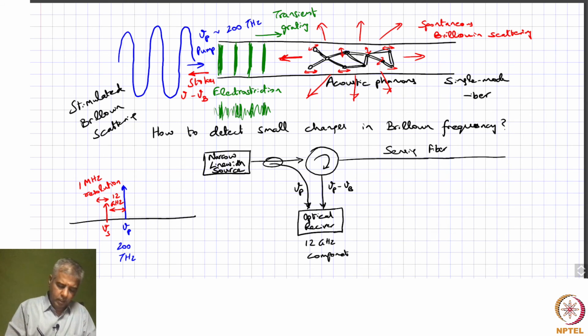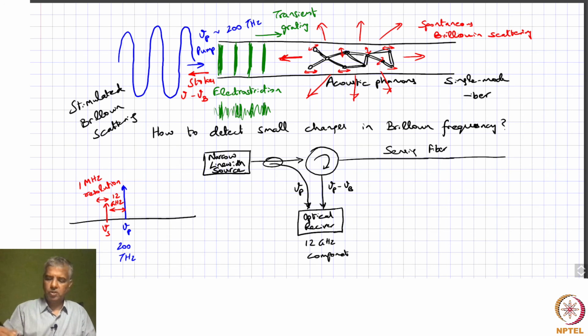So, the typical threshold power level for a single mode silica fiber is on the order of 10 milliwatts. So, if you are working on the order of 100 milliwatts of power, then you can be sure that you are able to generate stimulated Brillouin scattering over a long length of fiber.